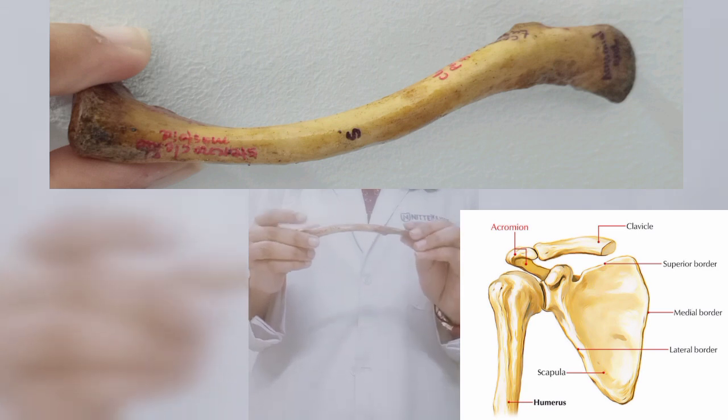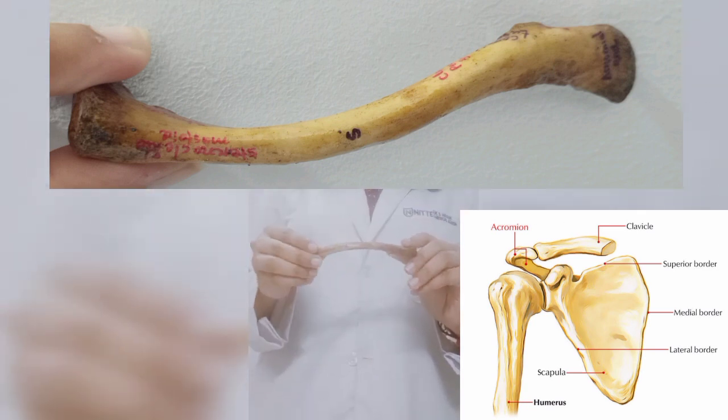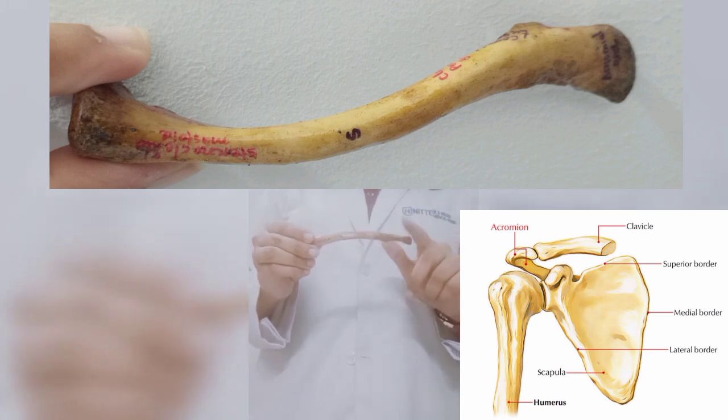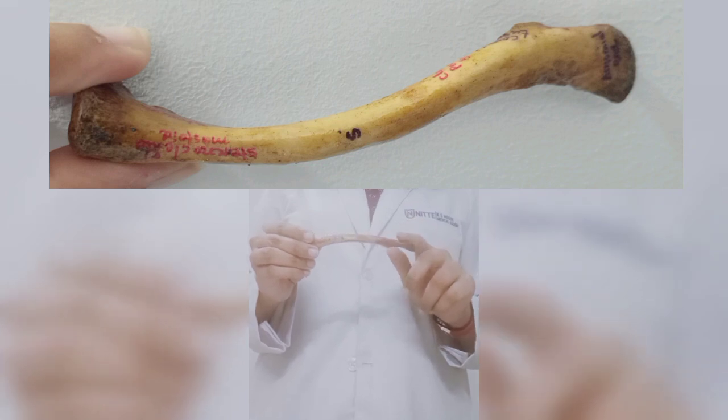It is called the acromial end because the acromial process of the scapula attaches to the superior lateral portion of the clavicle.